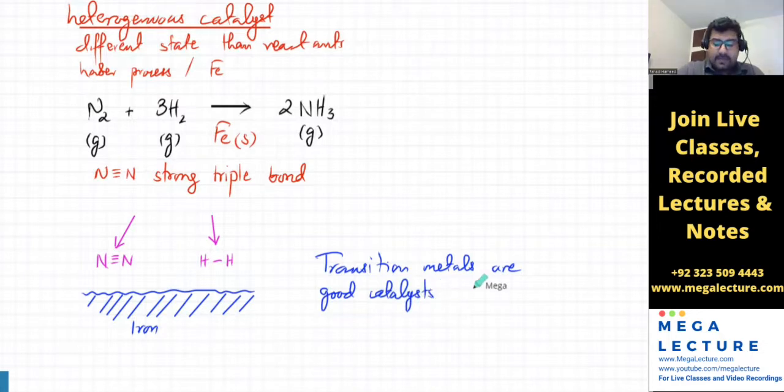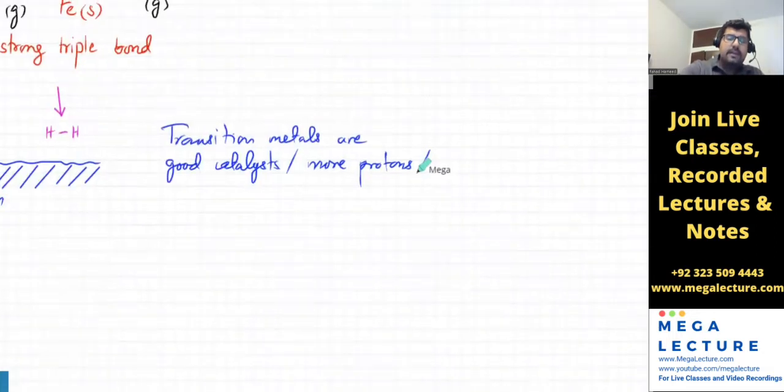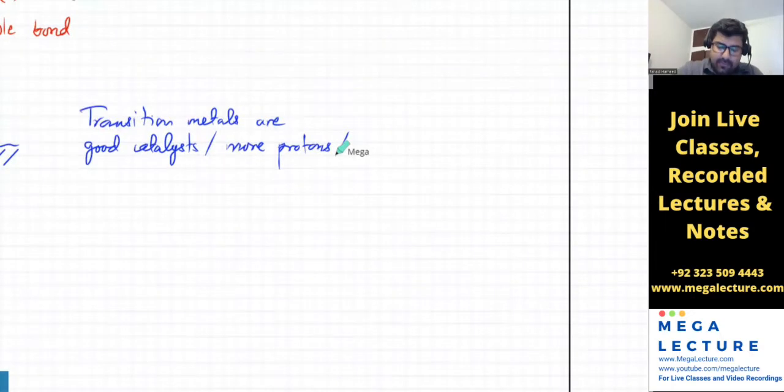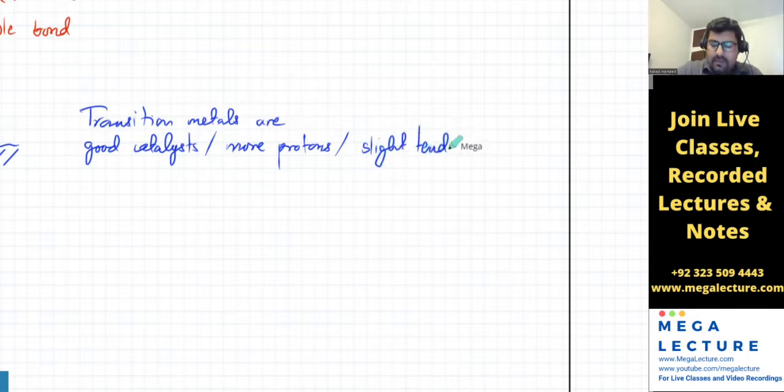The reason for that is they've got more protons, which is why they develop a slight tendency to attract electrons. Compared to normal metals, they've got more protons, so they have a very slight tendency. They don't gain electrons.